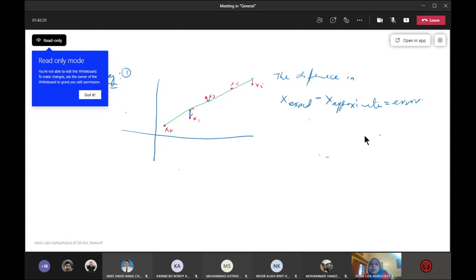Dia mesti nak keluar-keluar, ada juga. Tak mungkin kita ada graph yang cantik, straight macam ni. Tak mungkin. It's not impossible if it's exact value. In fact, even those things that you do in the lab also sometimes don't conform to the graph that you want. So this is called error.